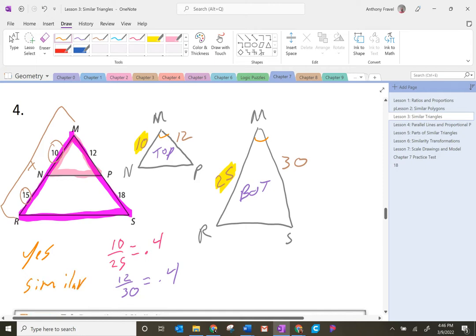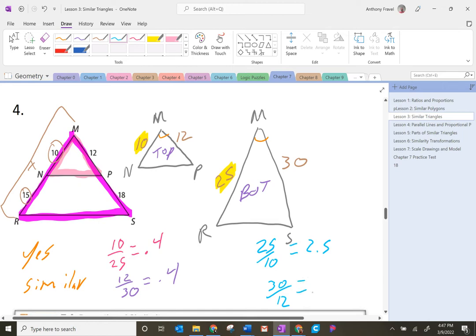I know one group had asked me what happens if they put the numbers in backwards, if they decide they didn't want to put it as the top and the bottom. If they did it as 25 over 10 and then 30 over 12, it's still going to work out to be a similar ratio. That 25 over 10 will be 2.5.